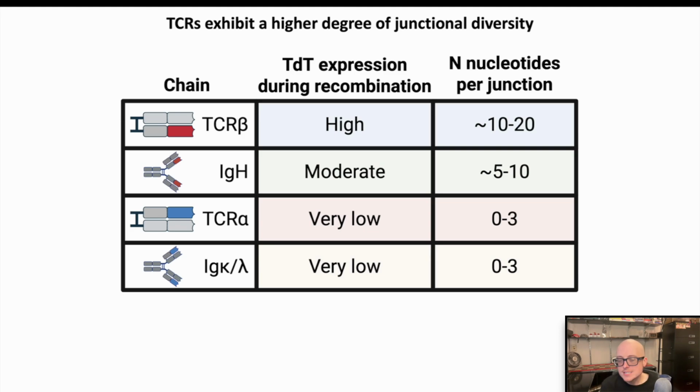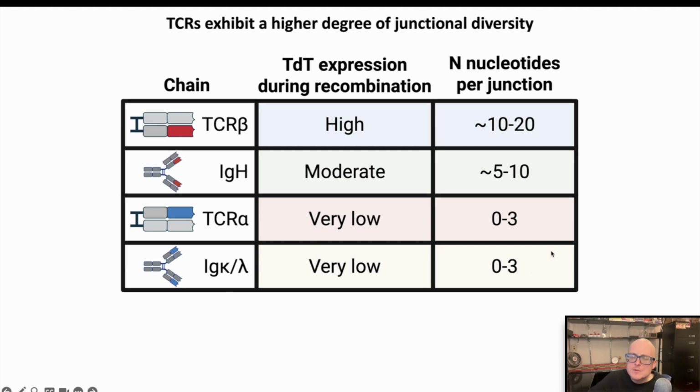Another point here is that TdT expression is quite low during recombination of both the TCR alpha chain as well as the two immunoglobulin light chain loci. In fact, recombination of either the TCR beta chain or the immunoglobulin heavy chain is actually a signal that turns TdT off. And so TdT expression is usually just residual, or left over, during the recombination of TCR alpha and IG light chains.